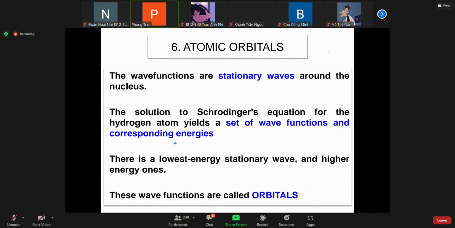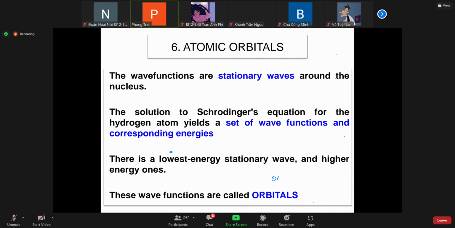So you see that there's a difference between the orbit used by Bohr, and here you have the orbital. Orbit says you have a nuclei, and there is a precise circle, if you want, where you can find exactly the position of the electron.